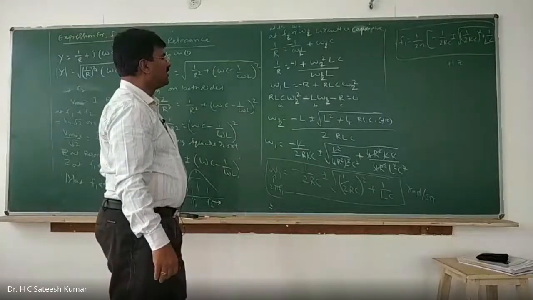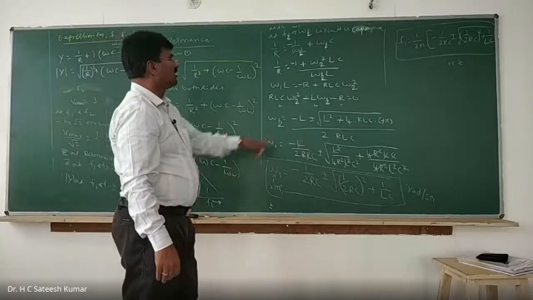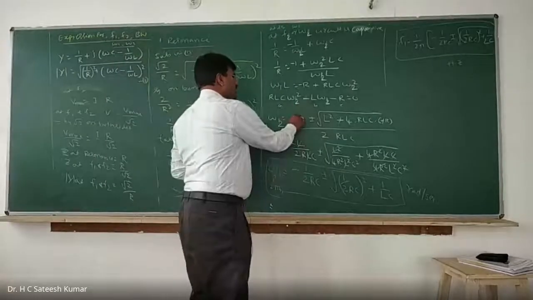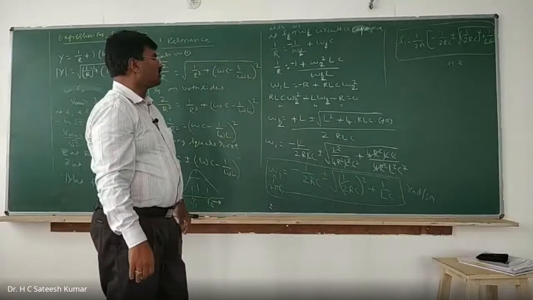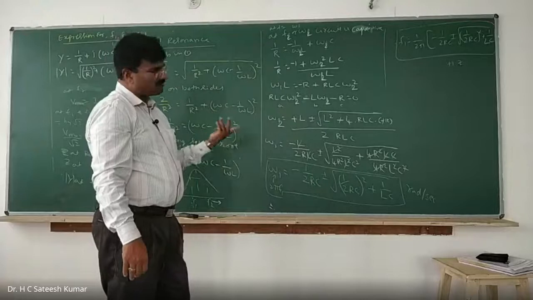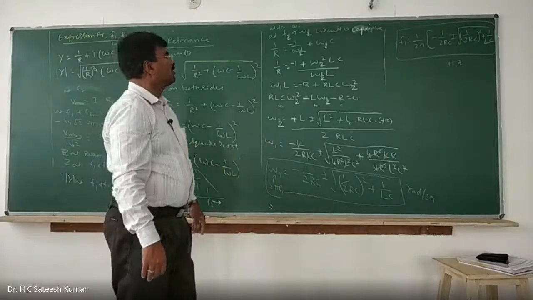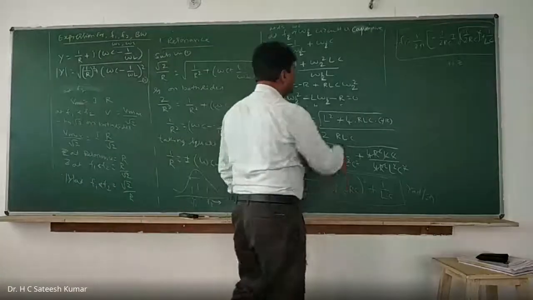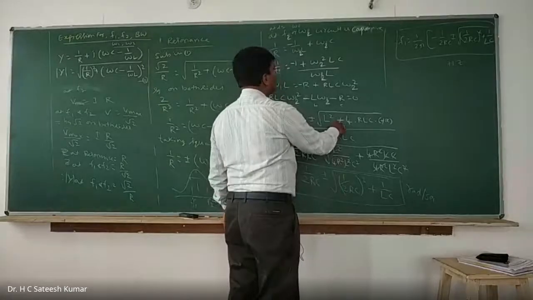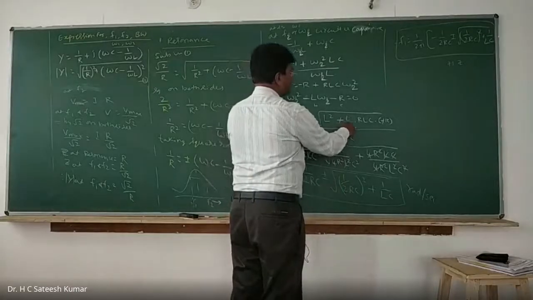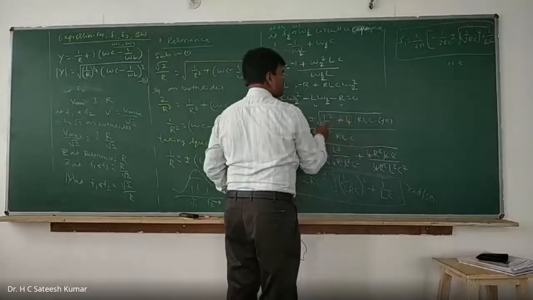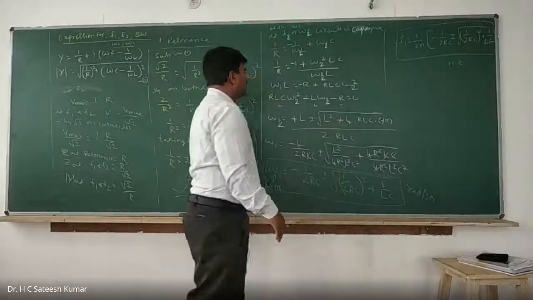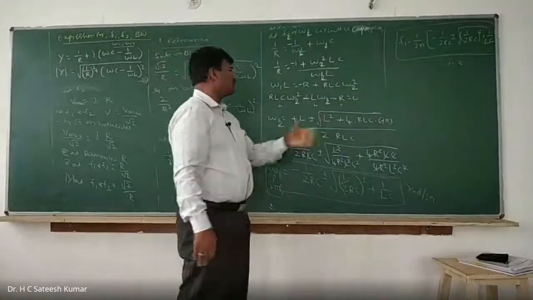Minus B, B is minus L, minus of minus L is plus L, plus or minus square root of B whole square, minus L whole square is plus L square only. Next, B square minus 4AC, where A is RLC and C is minus R only. This minus gets cancelled. Whatever is there inside is divided by 2A, 2 times RLC. It will remain same.